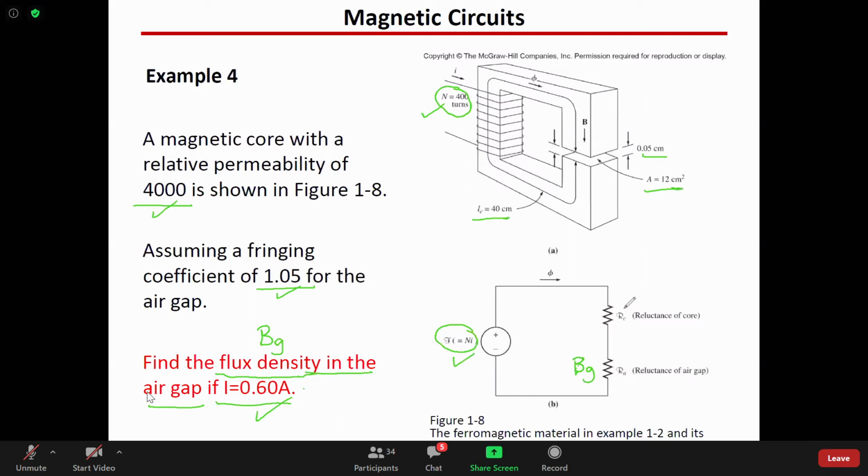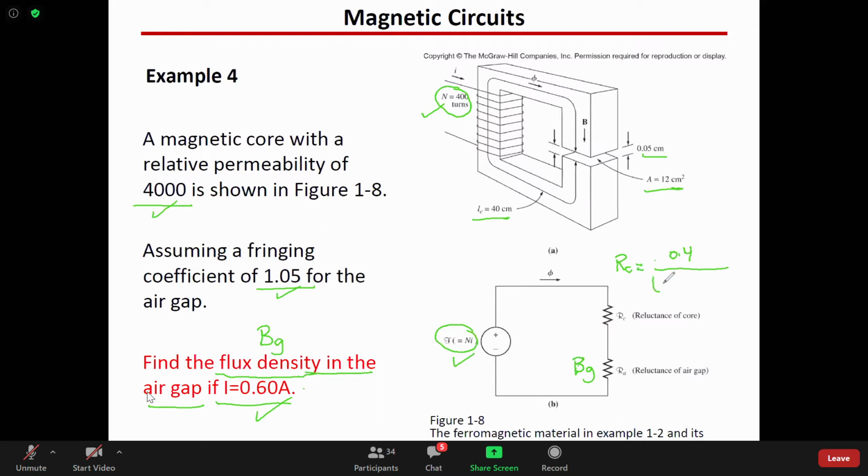R_C will be, if you remember the equation, L_C over mu_R mu naught A. L_C is 0.4, and why 0.4? Because we need to change it to meters.